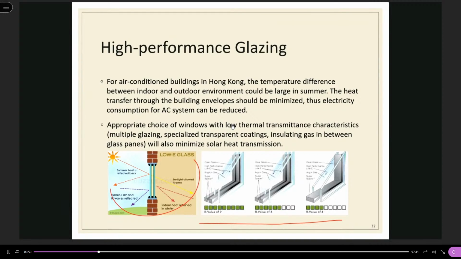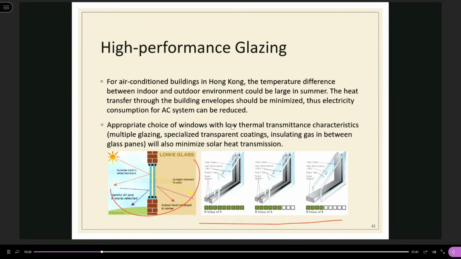So for air-conditioned buildings in Hong Kong, the temperature difference between indoor and outdoor environment could be large in summer. In the summer, outside 35 degrees, and inside the interior 25. So a 10-degree difference, which is quite big. So the building should be insulated well so that the heat transfer from the outside to the interior can be minimized, and then the electricity consumption for the air conditioning system can also be reduced.